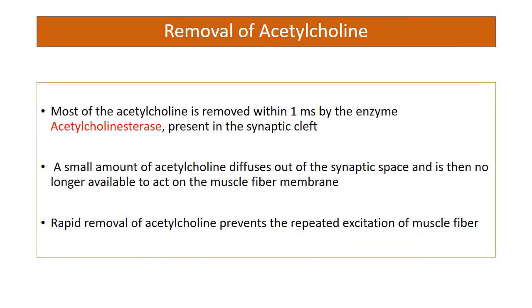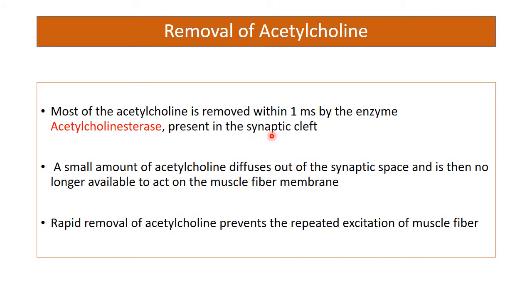The acetylcholine, once released into the synaptic cleft, continues to activate the receptors. So, it is removed rapidly, within 1 millisecond, by an enzyme called acetylcholine esterase present in the synaptic cleft.